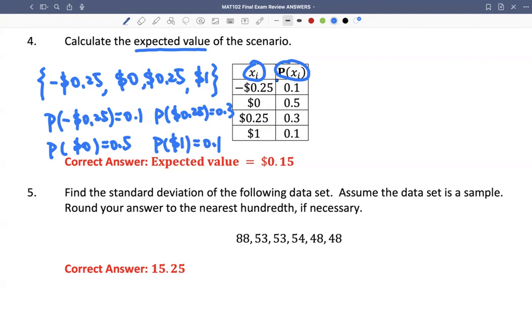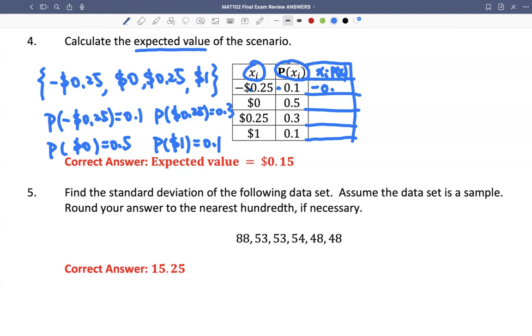So to calculate expected value, we multiply these two. We could extend this table. This column would multiply xi with the probability of xi. Multiply these two, we get negative 0.025.